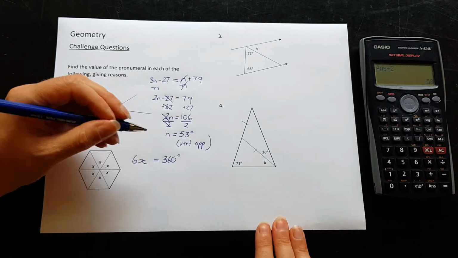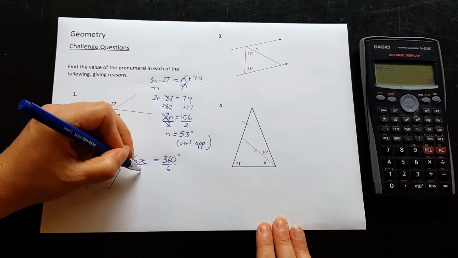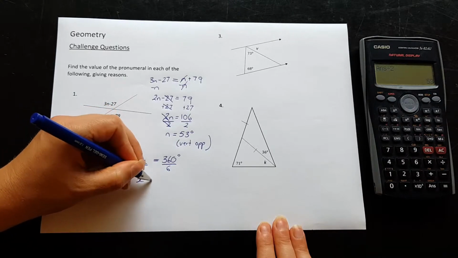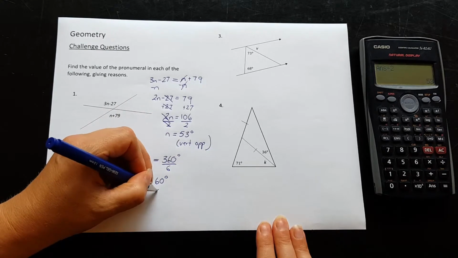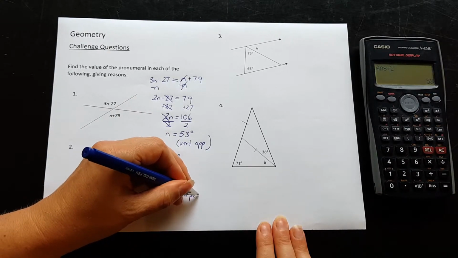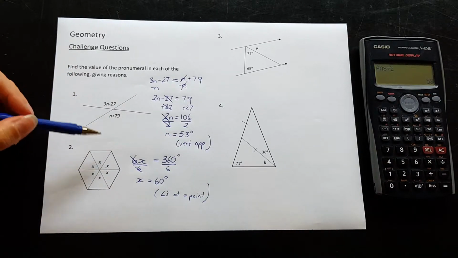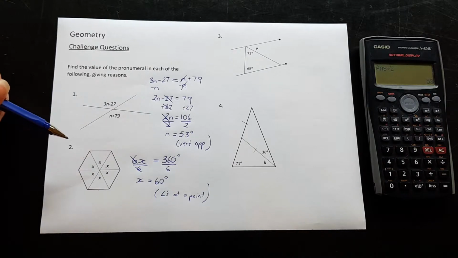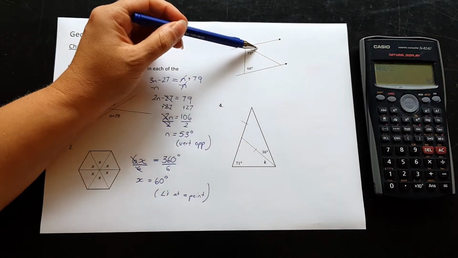We just have to get x by itself, and we do that by dividing by 6, which will give me x is equal to 60 degrees, and the reason is angles at a point. Okay, so really some of these questions, they just look a bit tricky, but they're still using rules that we are familiar with.